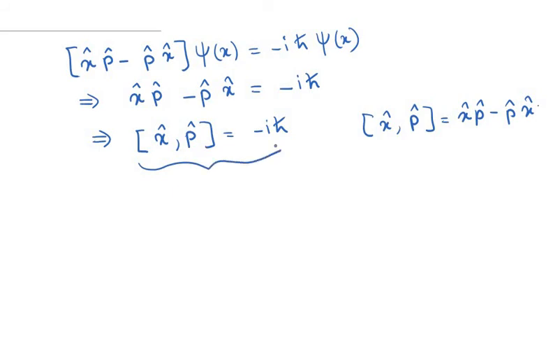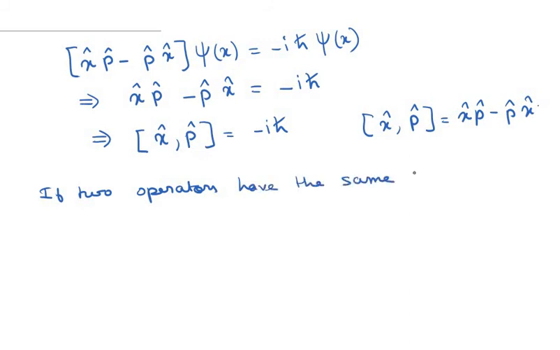makes us understand if two operators have the same set of eigenstates. Okay, I repeat again that this relation basically tells us if two operators have the same set of eigenstates.